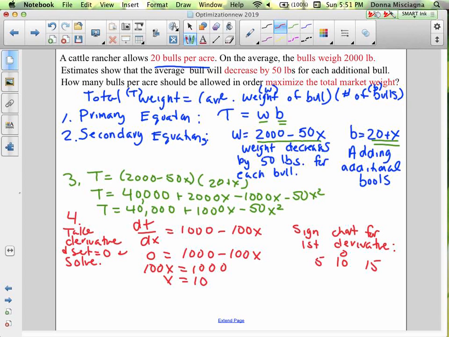If we plug 5 into the derivative, we have 1,000 minus 500. That is positive. If we plug 15 into the derivative, we have 1,000 minus 1,500. That is negative. So we can see that we have a relative max here.